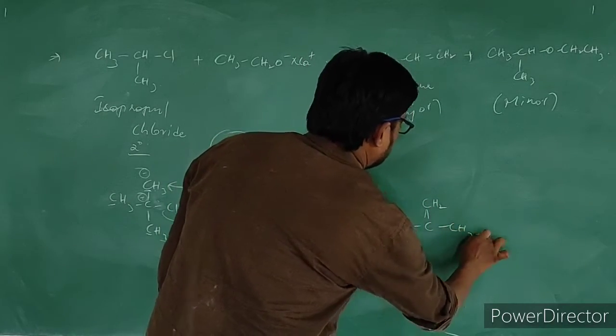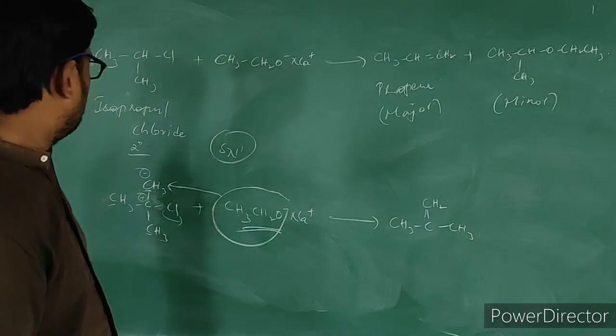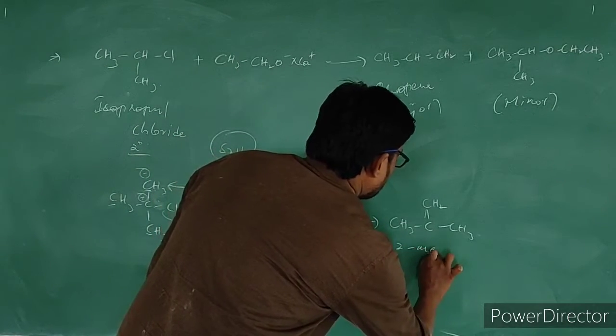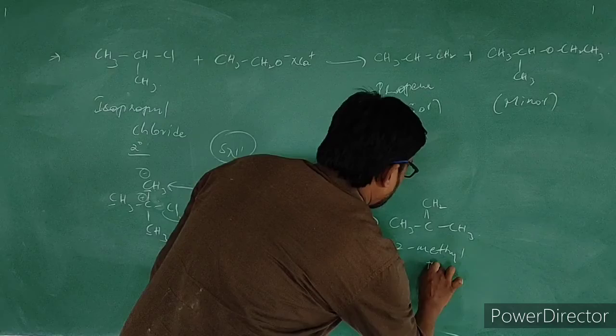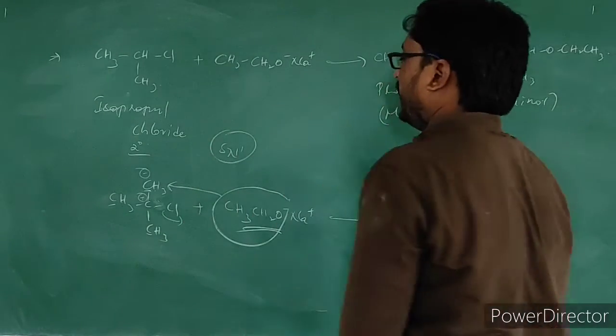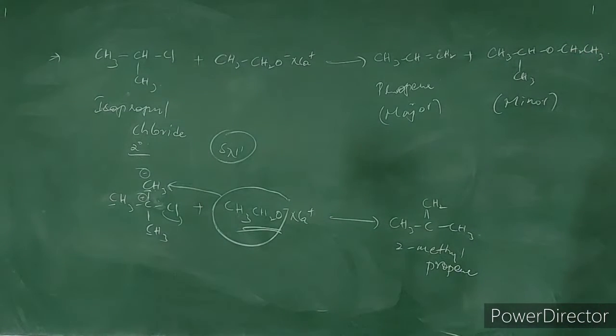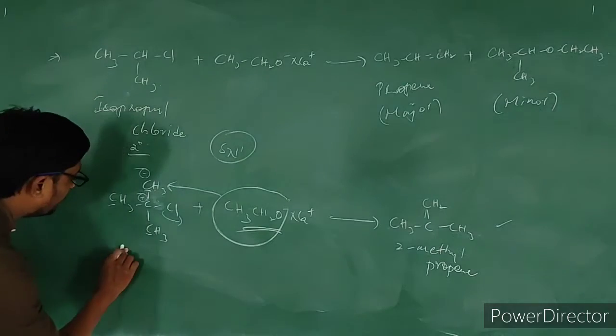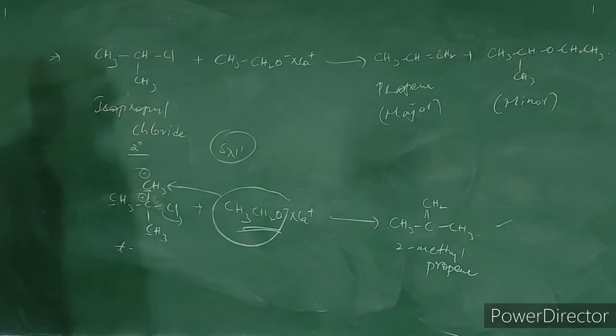So these are the products. 2-methyl propene gets produced. Along with this, ethanol as well as sodium chloride will also get produced. So when we are considering tertiary alkyl halide, here it is tertiary butyl chloride, only alkene will be the major product.